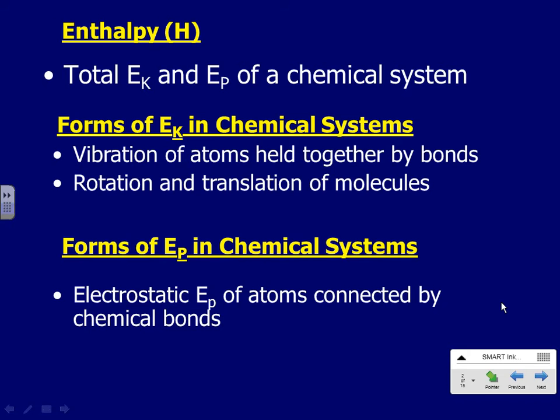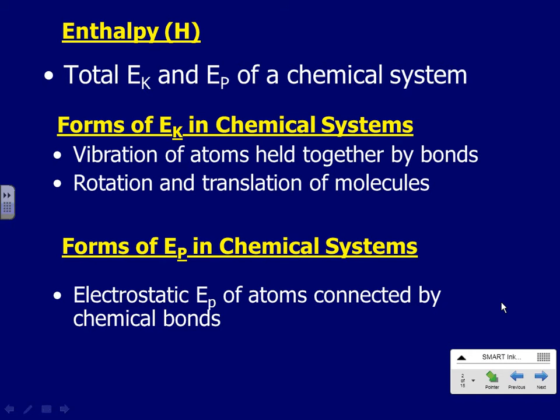Now, in the last lesson, we talked in great detail about kinetic energy, the energy stored in the motion of the particles. That can be vibration, rotation, and translational motion. And we talked about the potential energy that's stored in the bonds. Remember, I said it was electrostatic potential energy. You didn't have to worry about that.